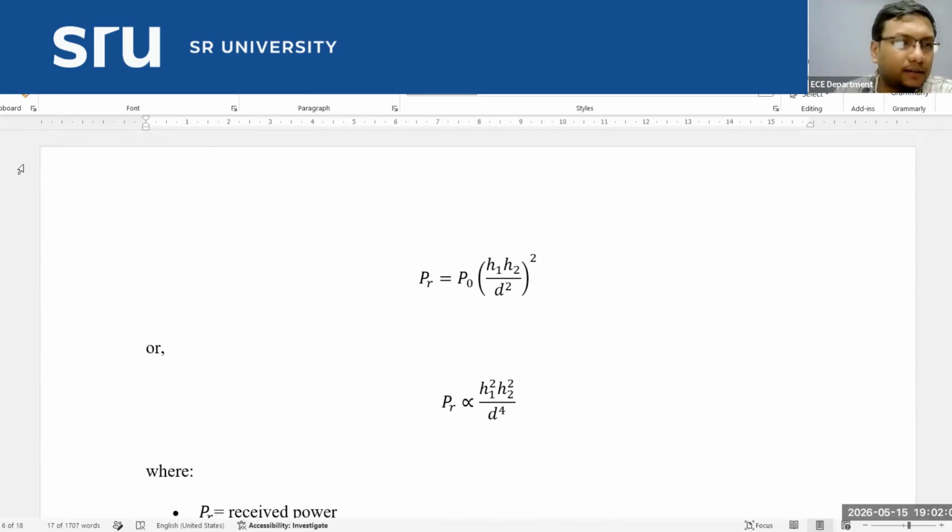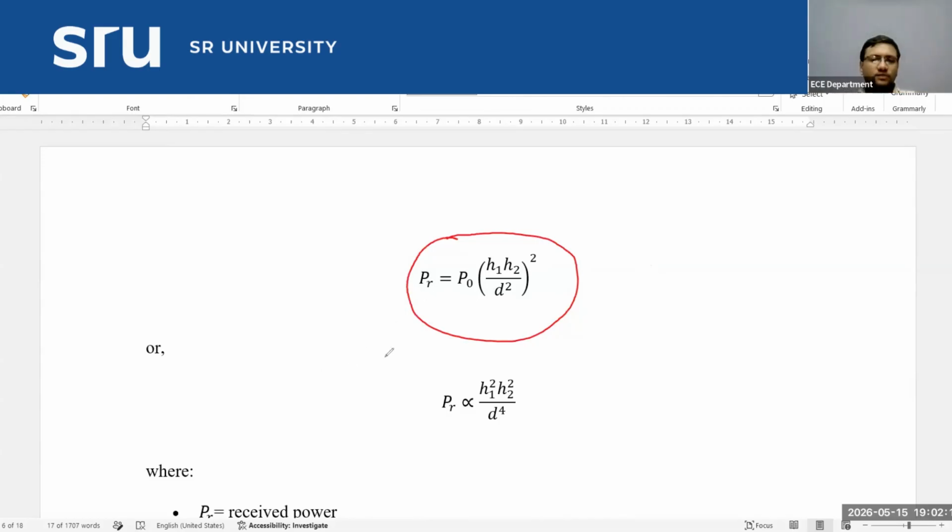Then the received power will be PR equal to P0 into h1 h2 by d square, whole square. So this is the formula. Now if I expand this, this will be P0 into h1 square into h2 square divided by d to the power 4.